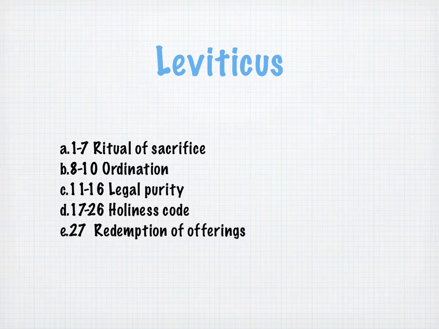How the priests are to be set apart. What constitutes legal purity so that they may enter into worship of God. A description of the holiness code, and then a redemption of offerings.